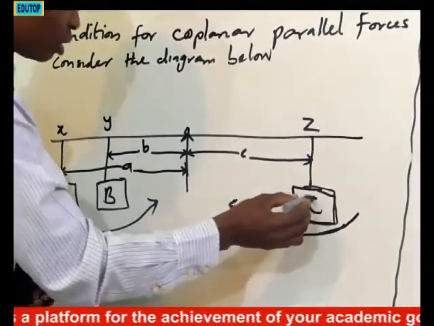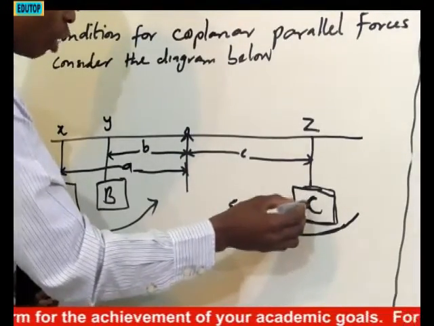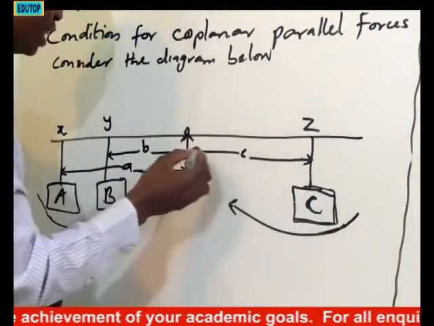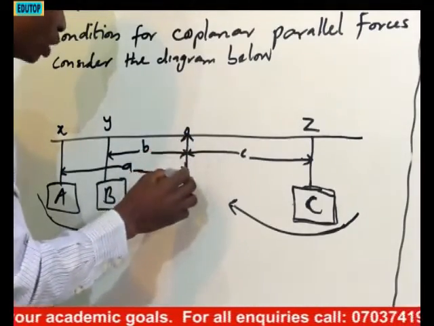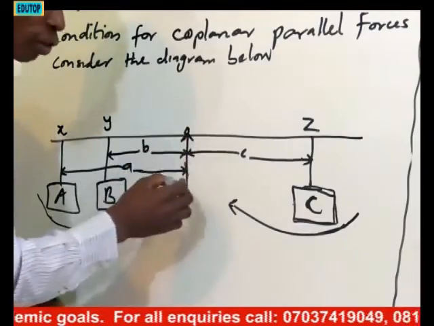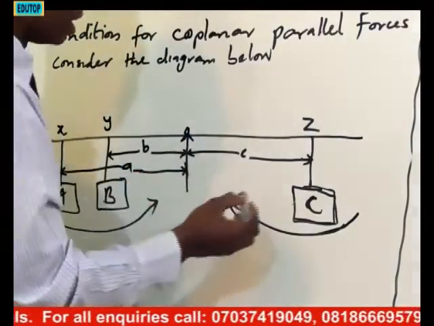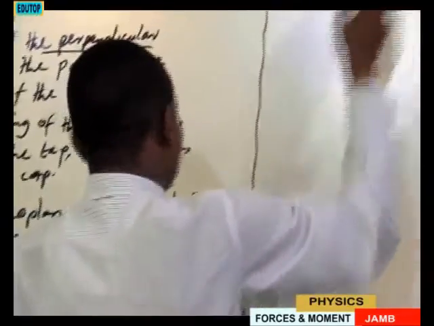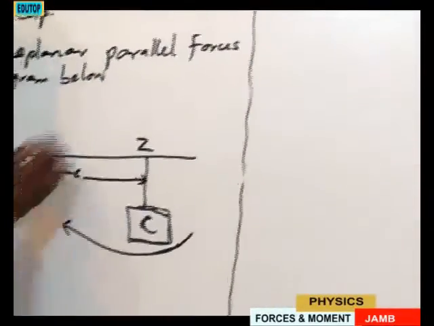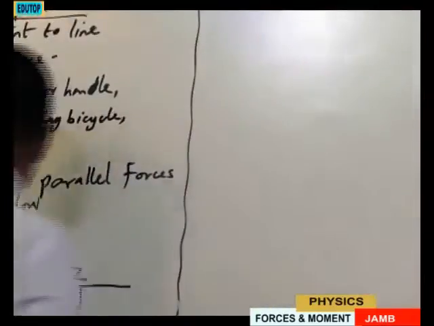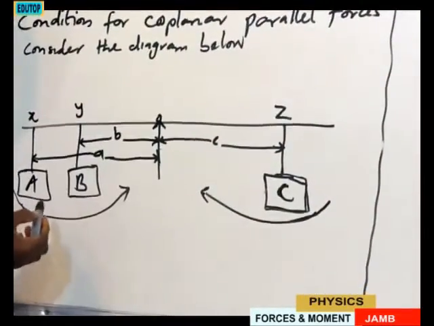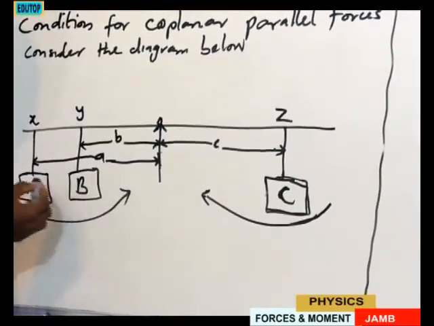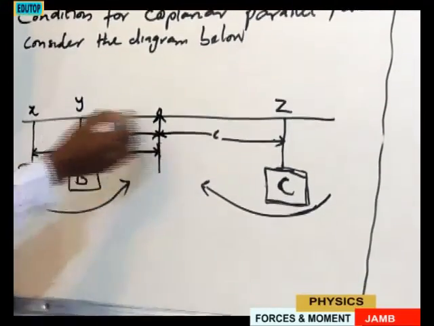So it's going to be the mass or the weight times the distance to the point where we have the center of the body, sometimes called the pivot or the fulcrum. So we have capital C times small c is equal to, but on the other side, the anti-clockwise side, we have two masses or two weights hung on this body.